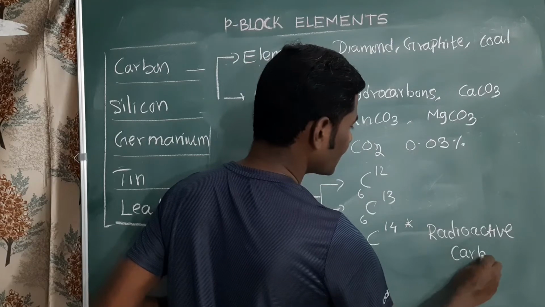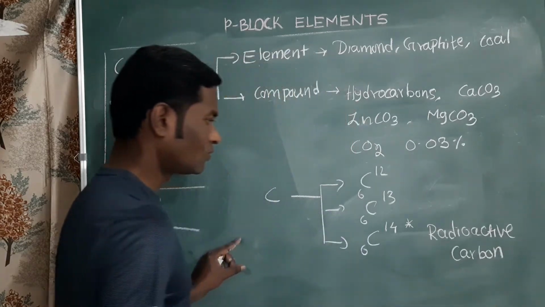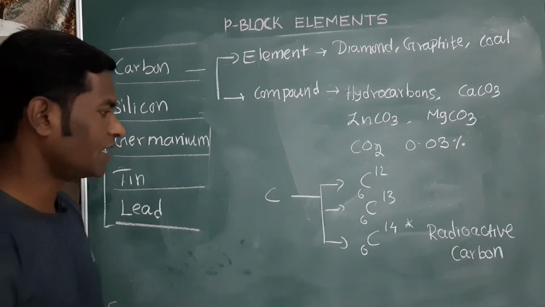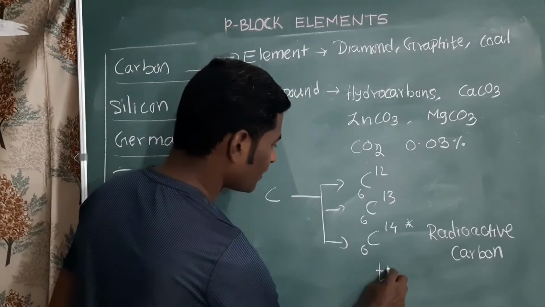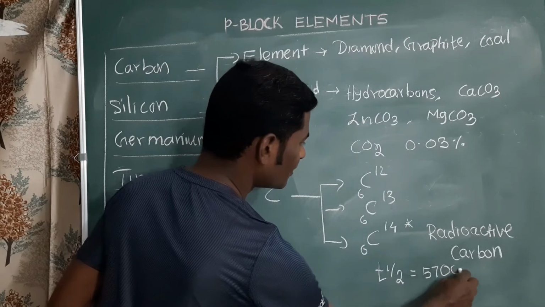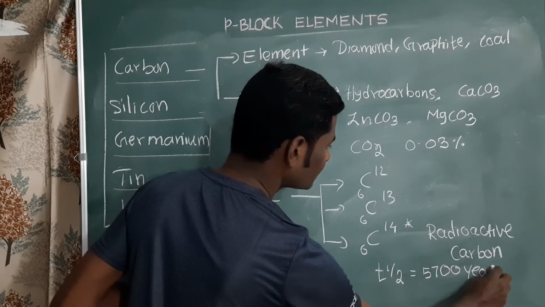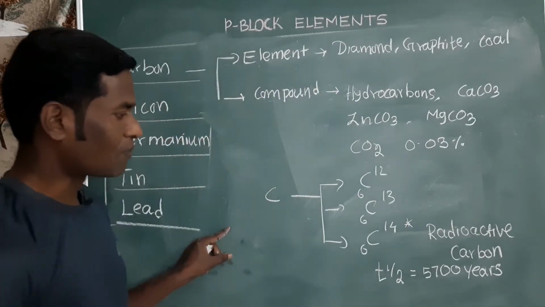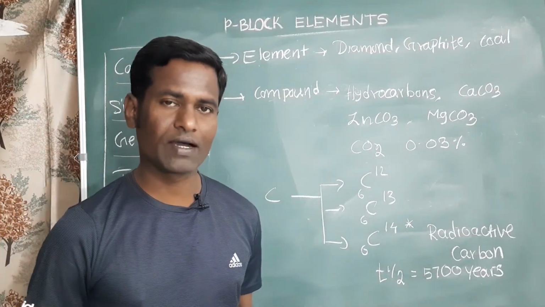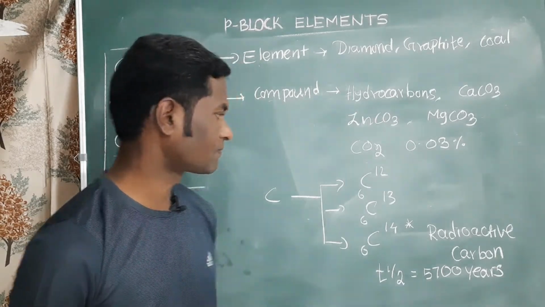Radioactive carbon is used to find out the age of fossils through radiocarbon dating. Half-life period of this radiocarbon is 5700 years. Based on the amount of radiocarbon present in the fossils, they can calculate the age of the fossils.